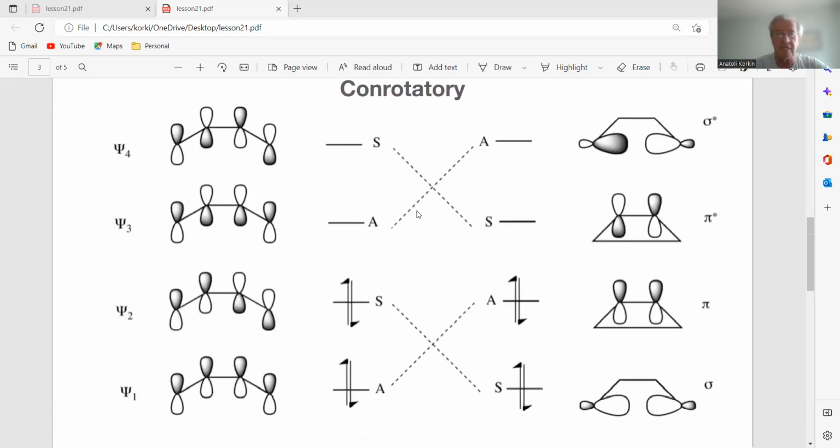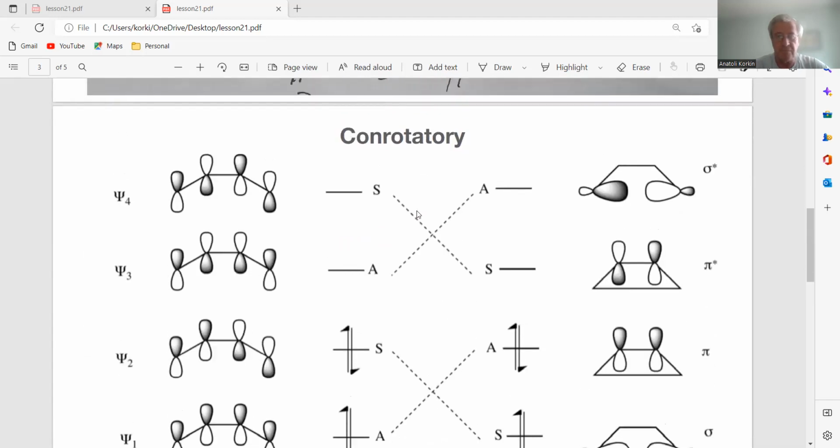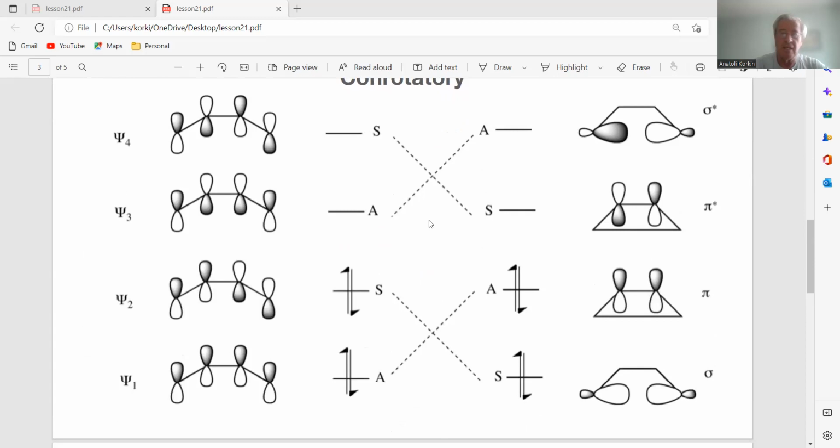So this is an example of conrotatory, where we preserve the C2 axis, or twofold axis. So this is the pi orbital of butadiene, and this is the orbital of cyclobutene which relates to it.